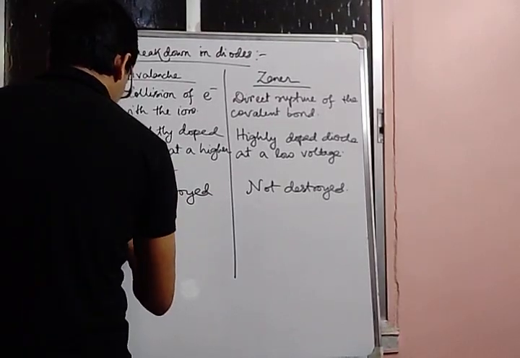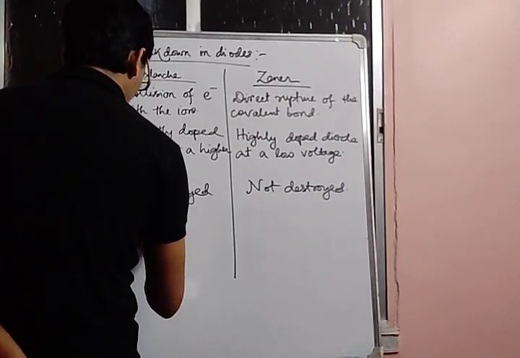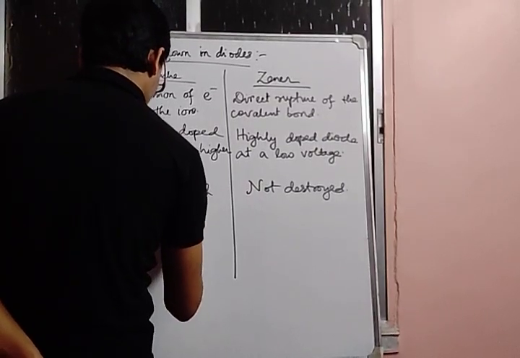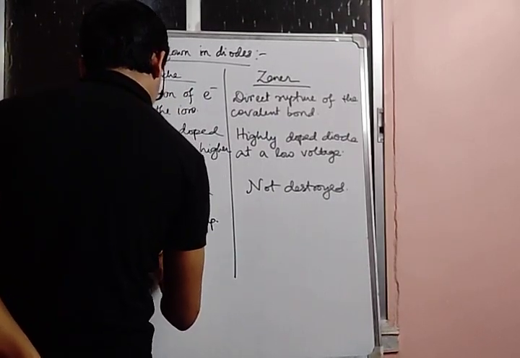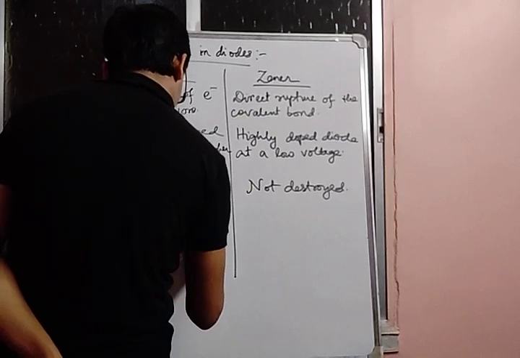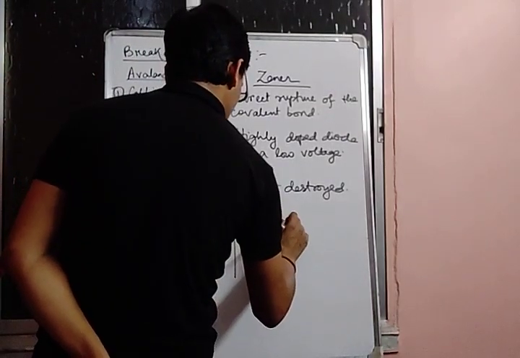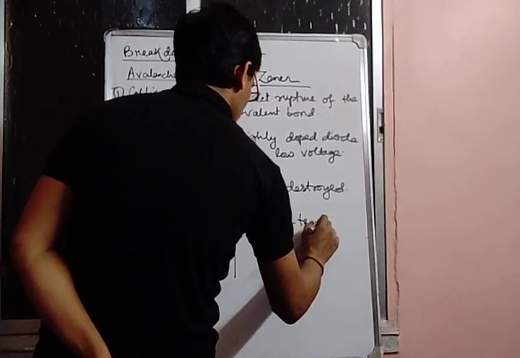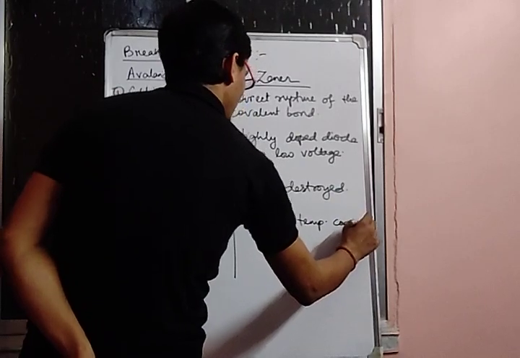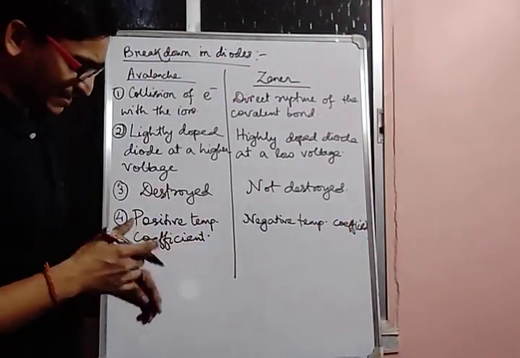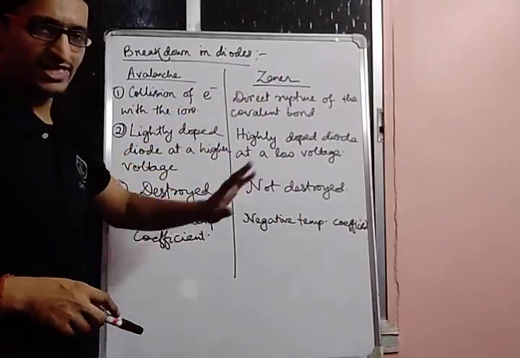The fourth difference, which is very important, is that avalanche breakdown has a positive temperature coefficient. On the other hand, Zener breakdown has a negative temperature coefficient. So what does that imply? First, let us discuss Zener breakdown.